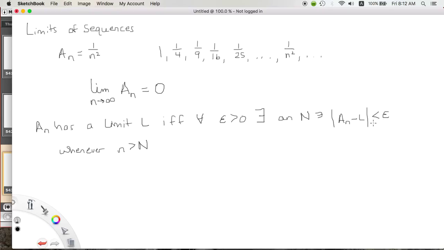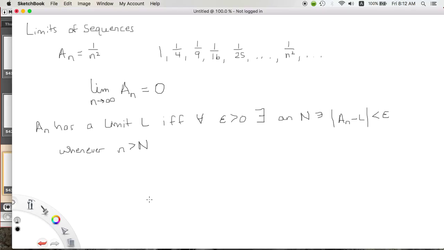Epsilon's usually something like 0.01 or 0.001, a very small value. In calculus, we'll get a little bit more specific about this, and as you get into higher mathematics, you can find the epsilon and such, and there are some examples of that in your book. But for the most part, we're going to just know that what this means is we're getting closer and closer to that limit as we get farther and farther along in the sequence.